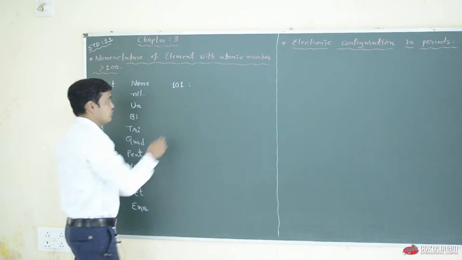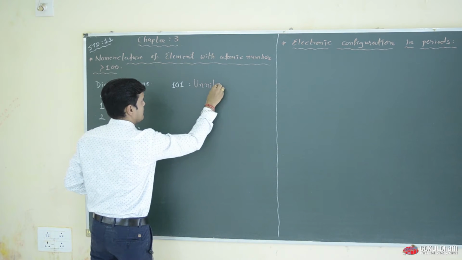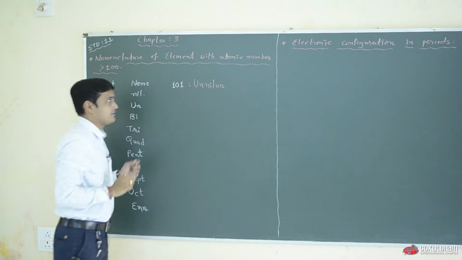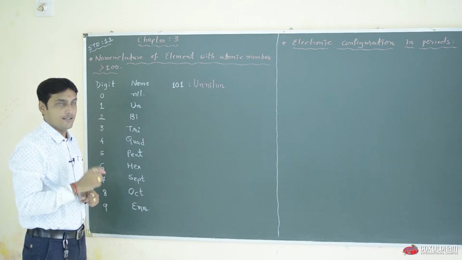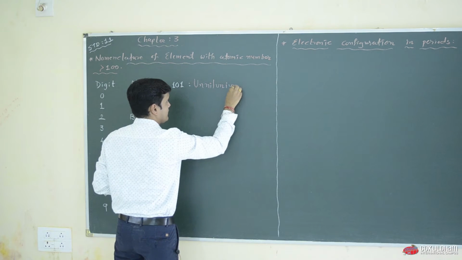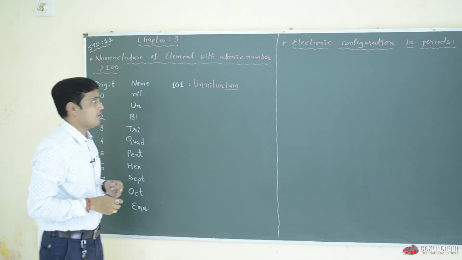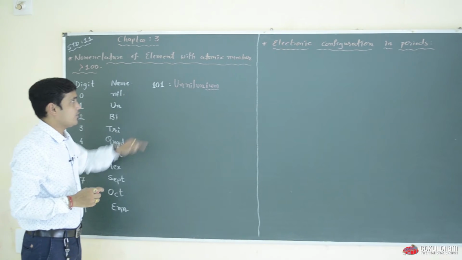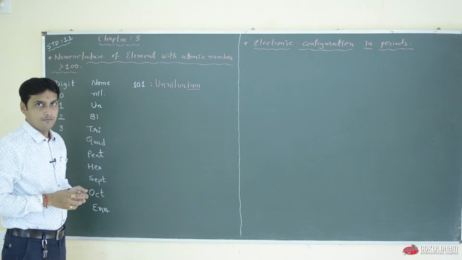So you put un, nil, un, and after that you apply one suffix, ium. This ium is added after the name of the element. So your name becomes un, nil, un, ium. Okay.